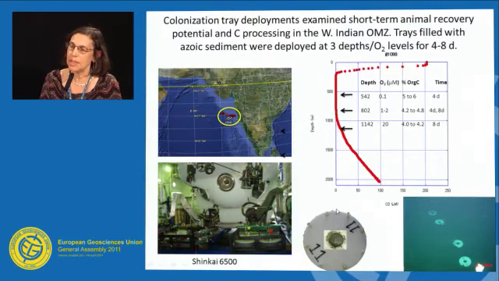And we put out a series of colonization trays, broad trays filled with defaunated or azoic sediments with no animals. And we set them out 4 at a time, and then sampled after 4 to 8 days to look at which animals had recovered in these sediments. We also sampled the background sediments or the ambient sediments surrounding these to see what the source populations would be.